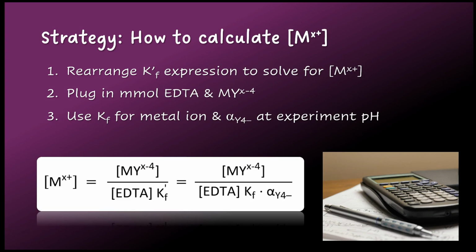First, we will rearrange the K'F expression to solve for the metal ion molarity. We will need to plug in the millimoles of EDTA and millimoles of complex from the millimole table, and then either the calculated value of K'F or the value of Kf and the alpha value at the experiment pH.